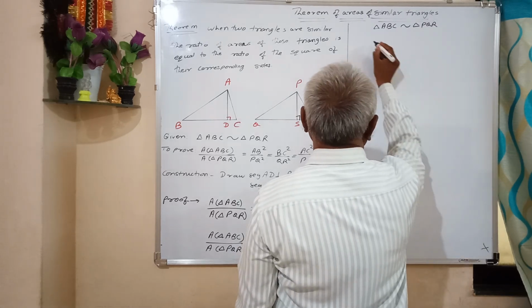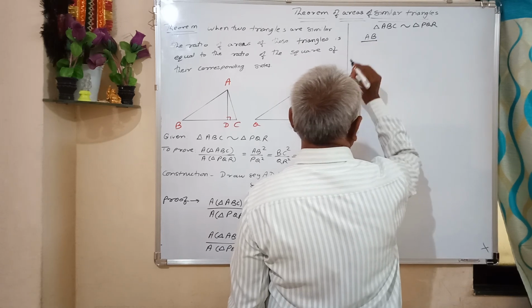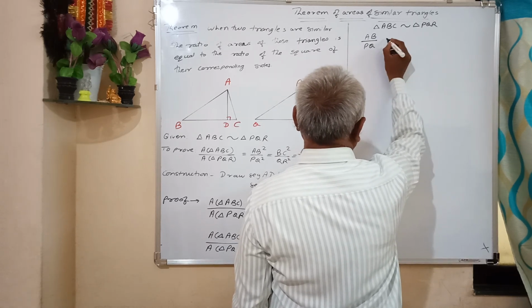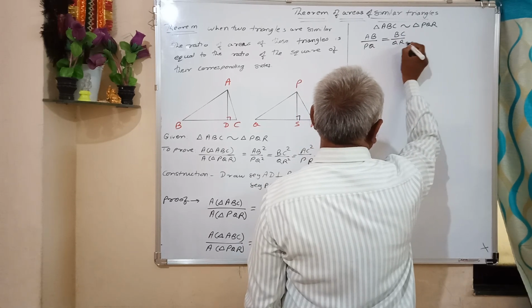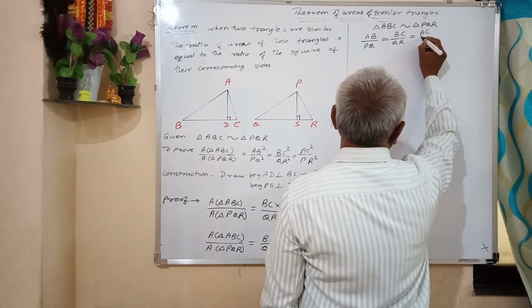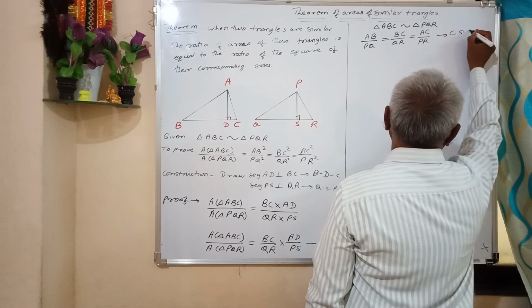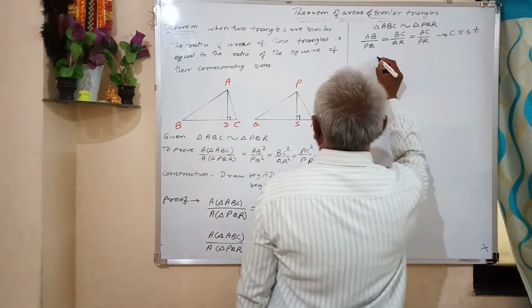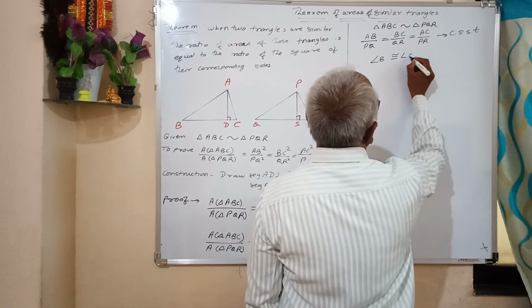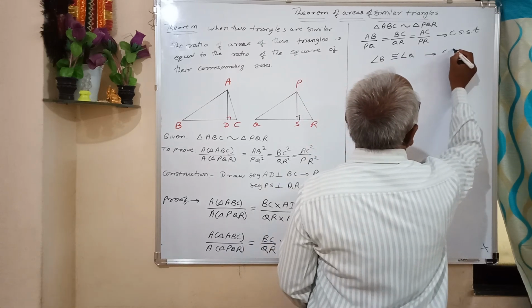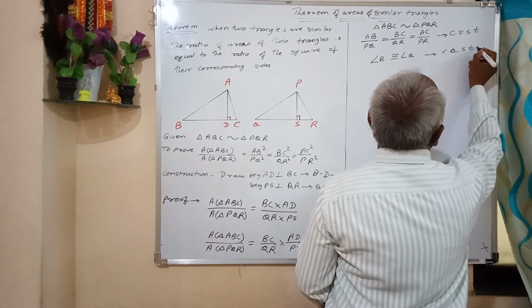It is given that when two triangles are similar, their sides are in proportion, that is AB upon PQ is equal to BC upon QR is equal to AC upon PR, the corresponding sides of similar triangles. And angle B is congruent to angle Q, the corresponding angles of similar triangles.